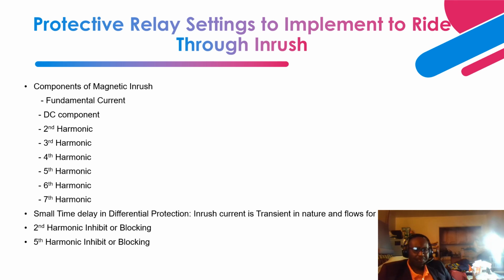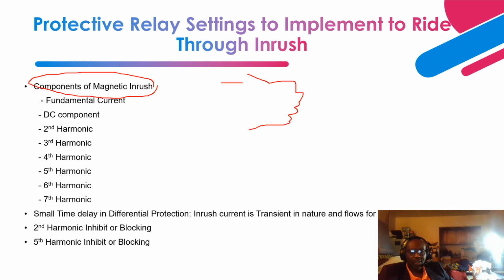Next, what are the required relay settings that we need to implement to ride through this magnetic inrush condition that every transformer experiences during energization? First of all, let's talk about the components of a magnetic inrush, as you energize this transformer. I've got my circuit breaker here, my transformer.